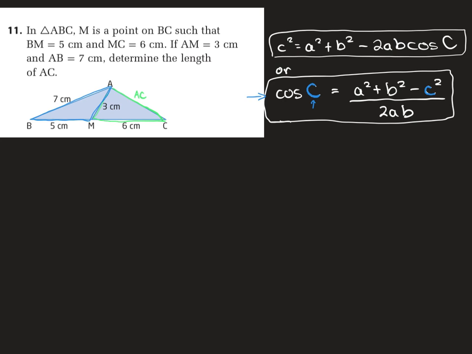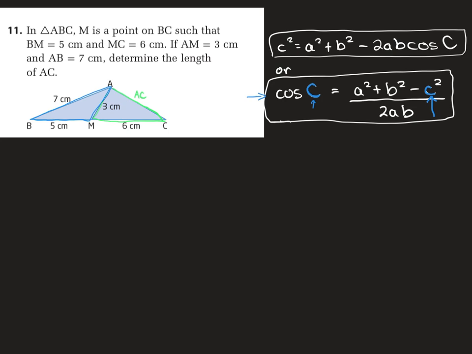To use that formula, we need to make sure that the side across from the angle we want to find goes into C here. Now, let's look at this. If we want to find something useful for triangle AMC, the green triangle, we need to find something connected to the triangle we have.